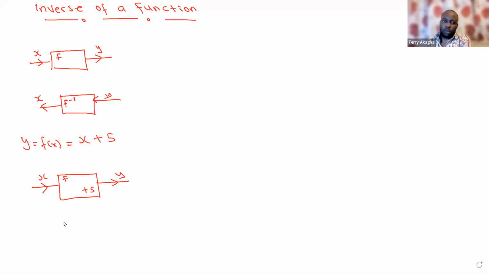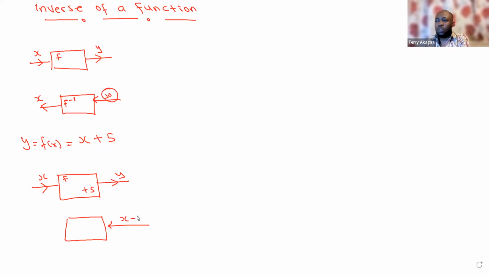Now, what do you do? In this case, how do you reverse the function? Reversing the function is basically the same thing, we're going back. So the x we have here is the input. Remember, x is always the input.